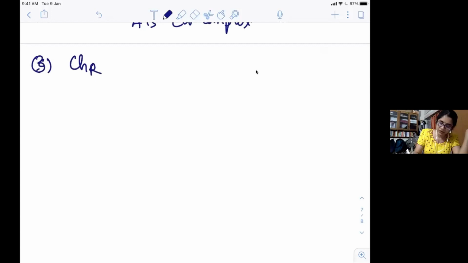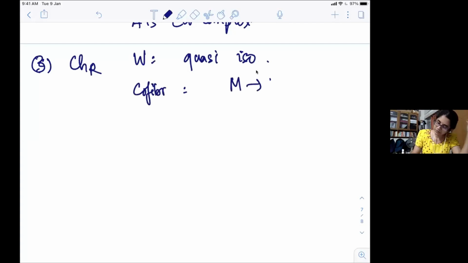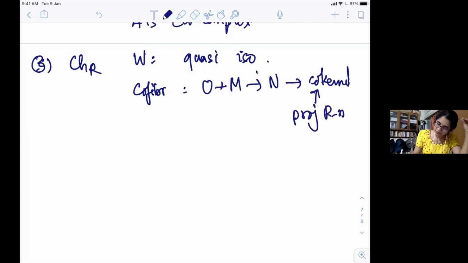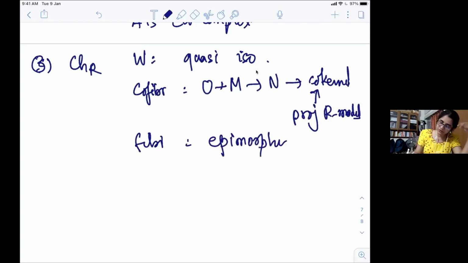If I take weak equivalences to be quasi-isomorphisms here, like we wanted before, and we take cofibrations to be monomorphisms whose cokernel is a projective R-module, and fibrations to be just epimorphisms, then together with these choices, this is a model category.